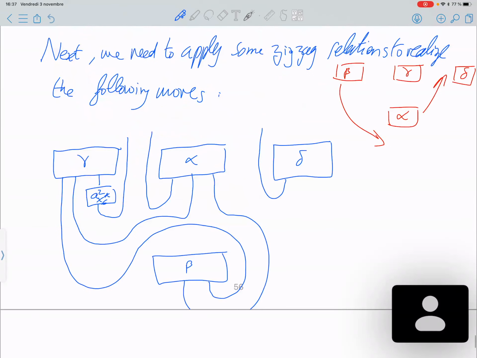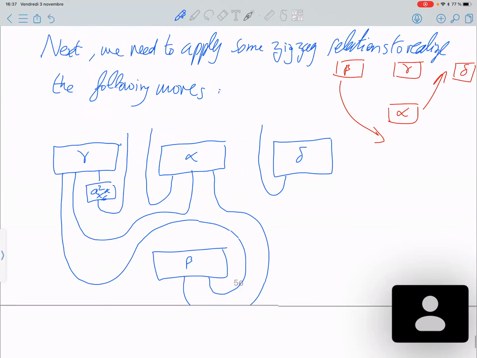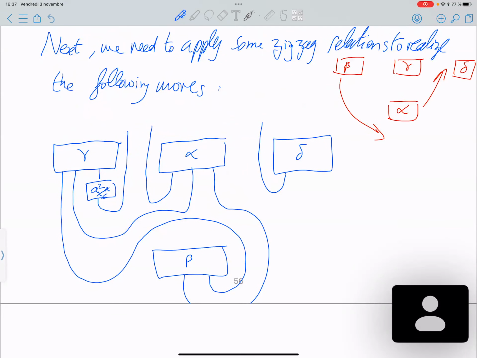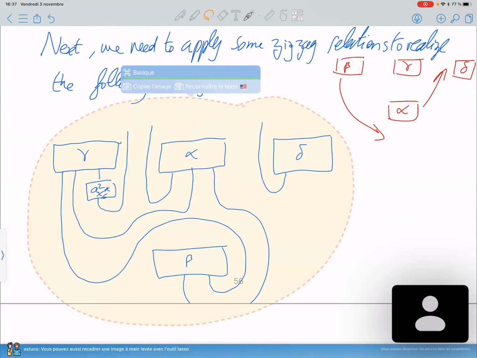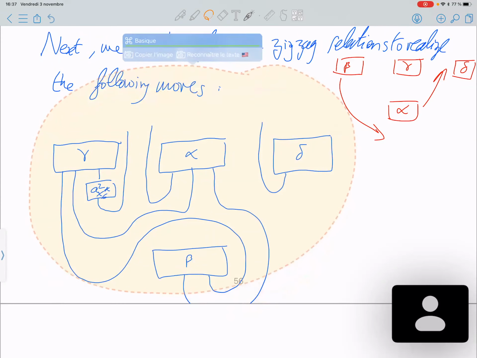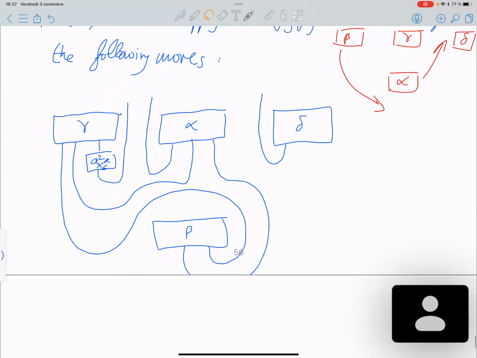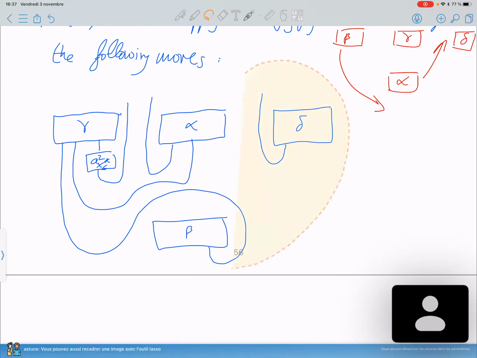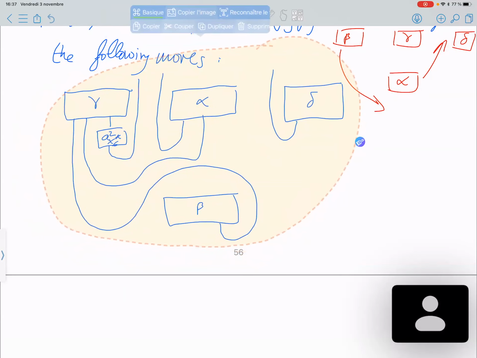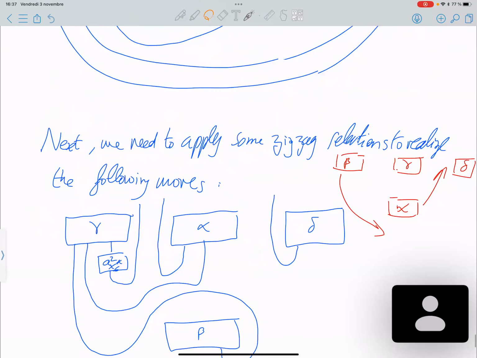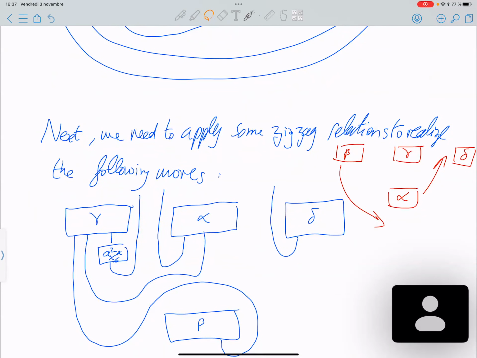I don't have enough space. This is not easy. Let me move that a bit. I'm sorry, it's not very easy to draw.